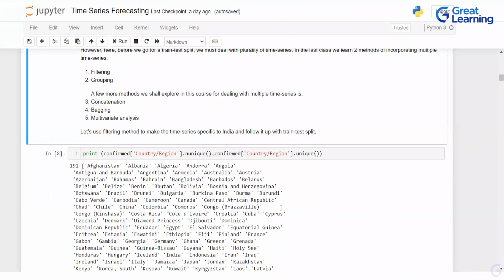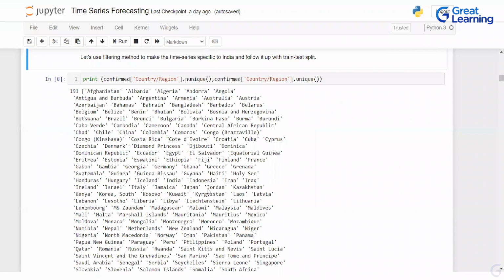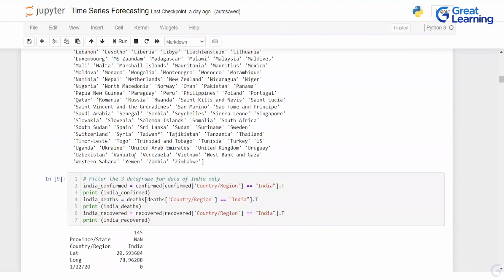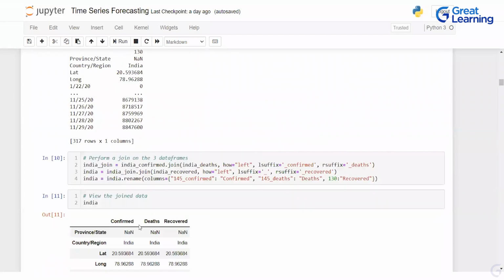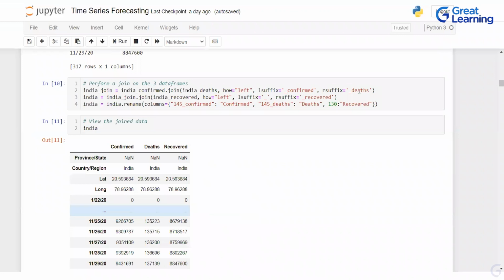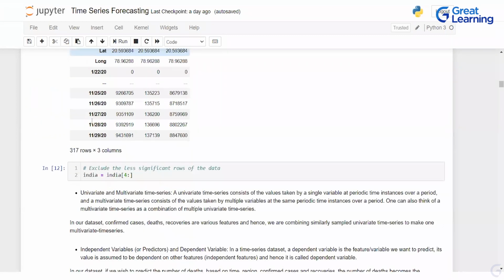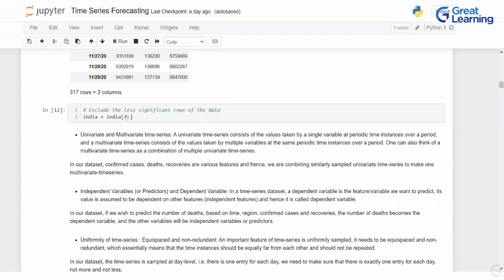I took India, confirmed, deaths, and recovered from all of these, and then I joined them on left join and right join. I renamed the columns, because they were named 145 confirmed, 145 death, 130, to confirmed, deaths, and recovered. I don't want the top 4 rows in my data set, so I started from the 4th row onwards and took all the rows. So this is what my data set is.